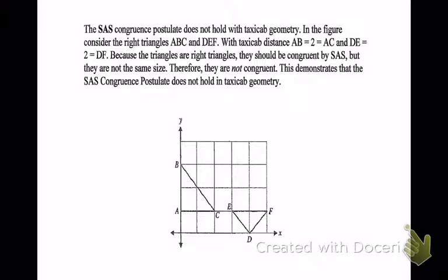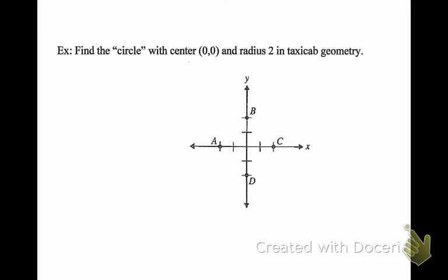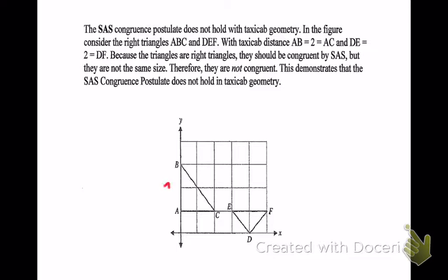With taxicab distance, AB equals 2 and AC equals 2. In this triangle down here, DE is equal to 2 as well. 1 over, 1 up, so it's 2.